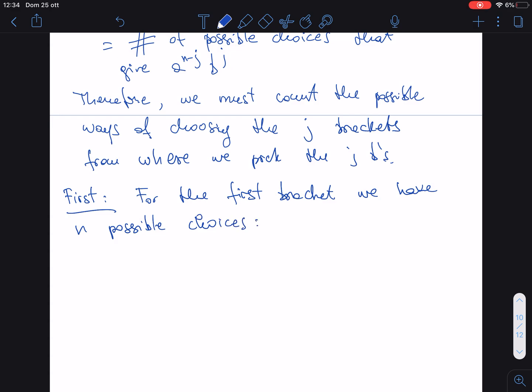So the first bracket, the second bracket, up to the nth. And we choose a b from there.